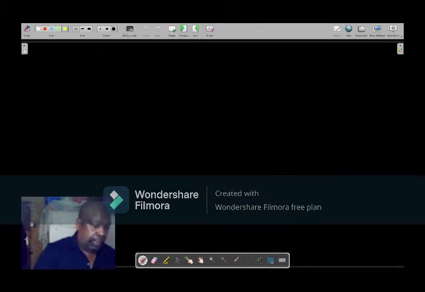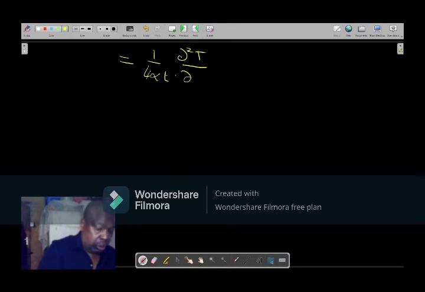And you can see that this reduces to 1 over 4 alpha t, d squared T by d eta squared. So that is what we have for our d squared T by dx squared.